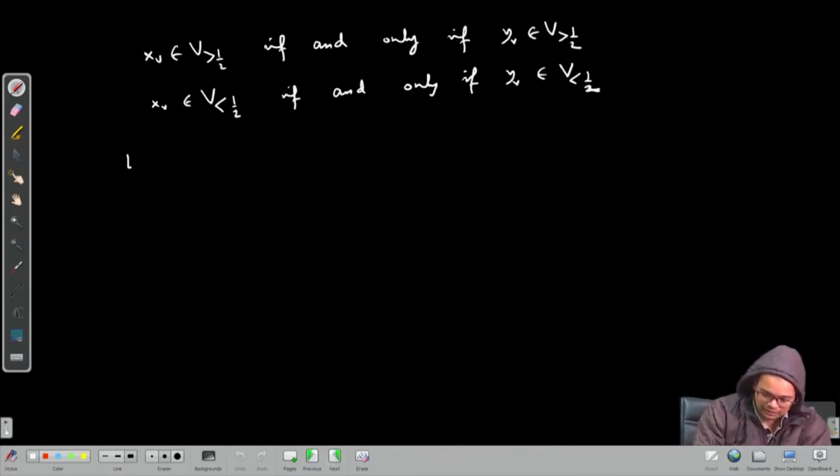So let e equal to (u, v) be an arbitrary edge.